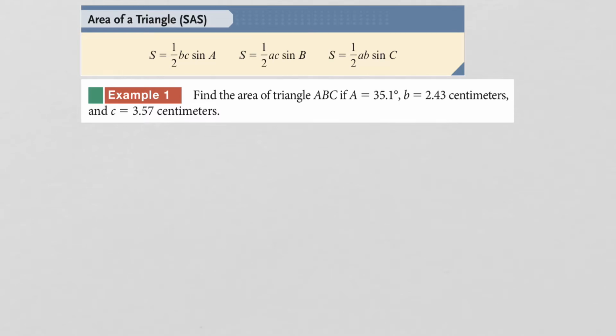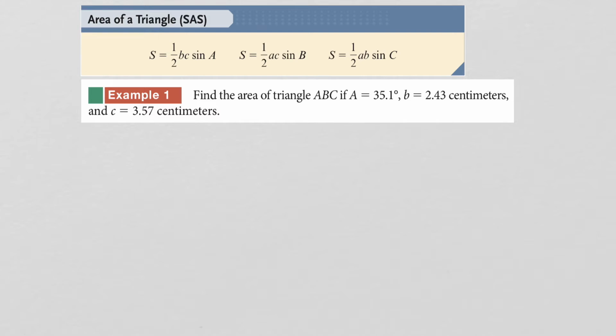So in our first example, it says to find the area of a triangle ABC if angle A is 35.1 degrees, side B is 2.43 centimeters, and side C is 3.57 centimeters. So notice they have given you angle A, side B, and side C. And so we're going to use the first formula here to find the area of this triangle.